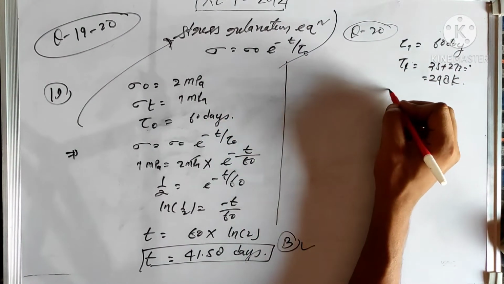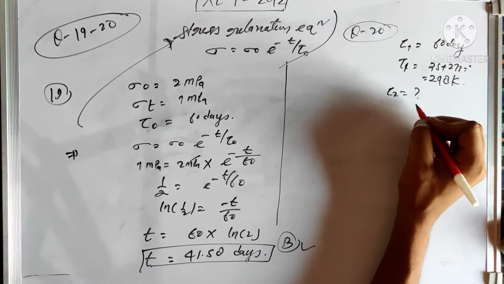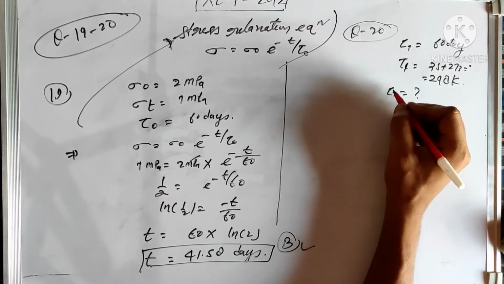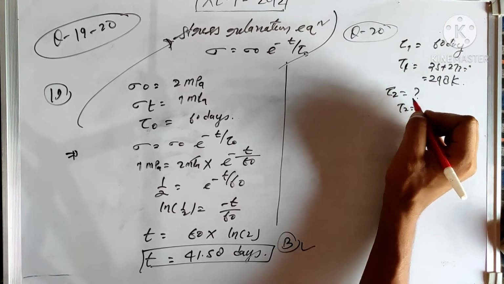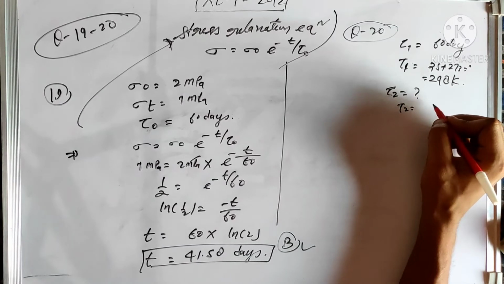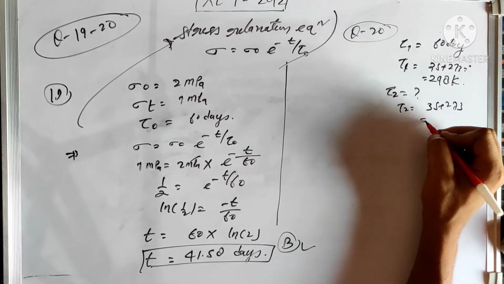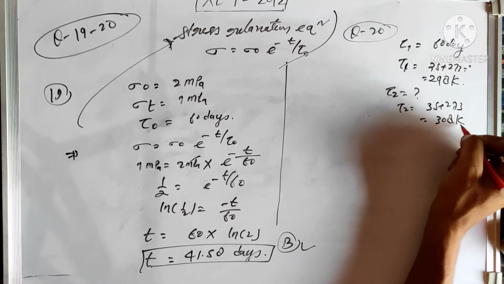And find out the relaxation time at temperature T2, which is 35 degrees centigrade. That means 35 plus 273 is equal to 308 Kelvin.